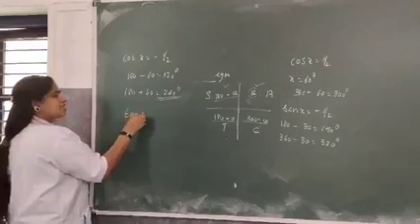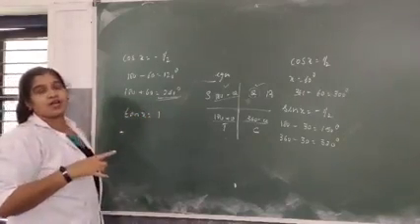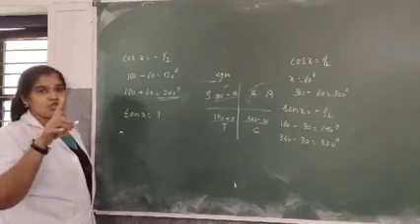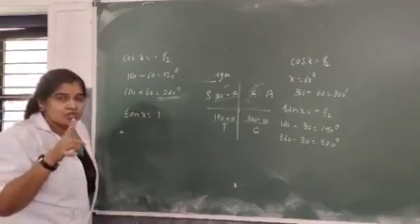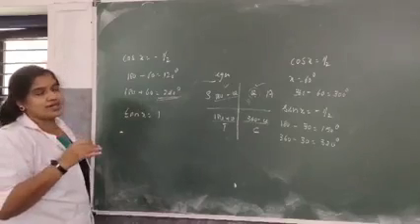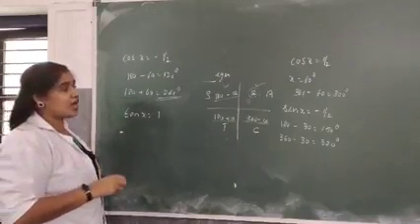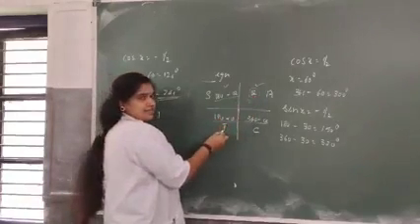Then tan x equal to positive 1. Tan of which angle is positive? First you select the quadrant. In which quadrant is the ratio tan positive? First and third.